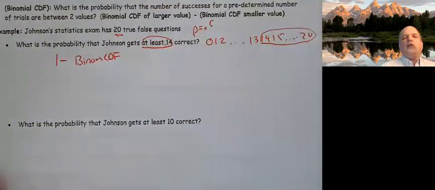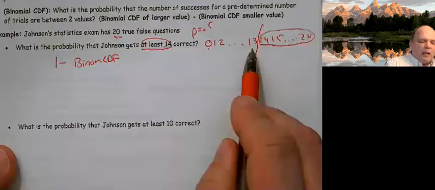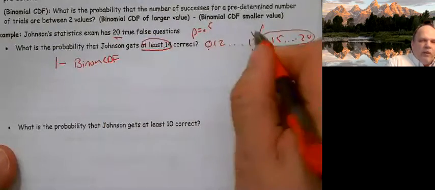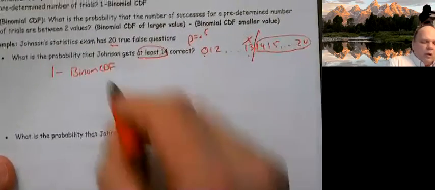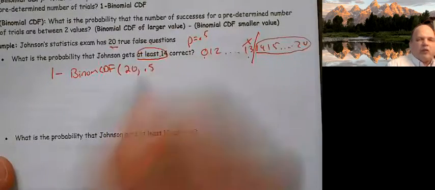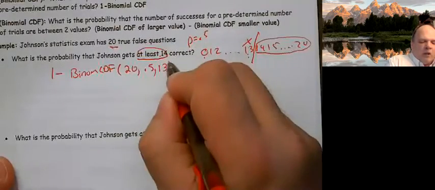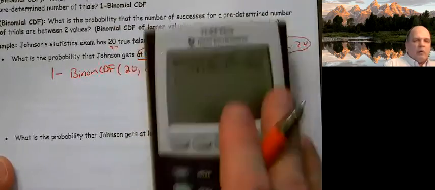So all of those values. All right, but because it's at least, it's a 1 minus situation, so we subtract out what we don't want. So this will be our X value. So once again, our trials are still 20. Our probability of success is 0.5. And we want to subtract out what we don't want. So here we go.